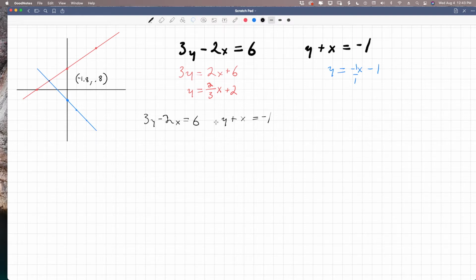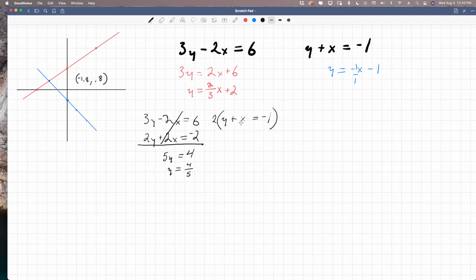So let's use 2. Since 2 is negative, it's really easy to just turn this into the one that we need. So 2 times y is going to be 2y. 2 times x is going to be positive 2x. And 2 times negative 1 is going to be a negative 2. Now we can do our elimination. These two cancel. That gives us 5y equals 4. So y equals 4 over 5. Right?